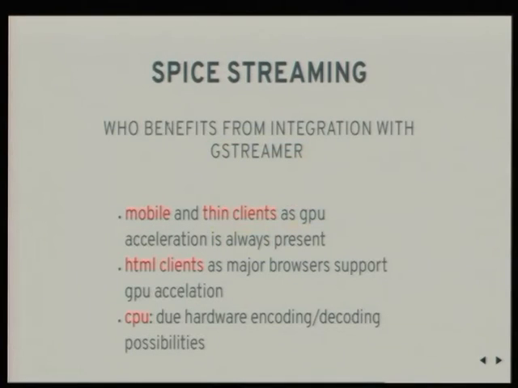So basically, that's it about the GStreamer integration, how it works internally. But who benefits from it? Why is it so nice? Basically, all the other clients, like mobile clients, Steam clients, Raspberry Pi or small hardware, HTML clients as well, because all of those clients usually try to lower resource usage from CPU, memory, and so on.